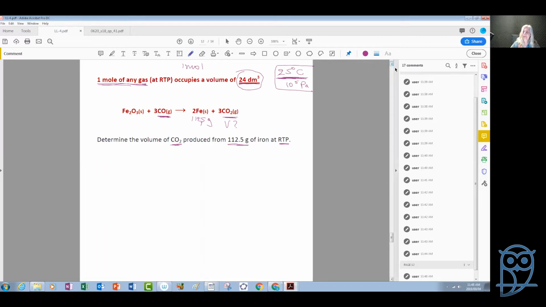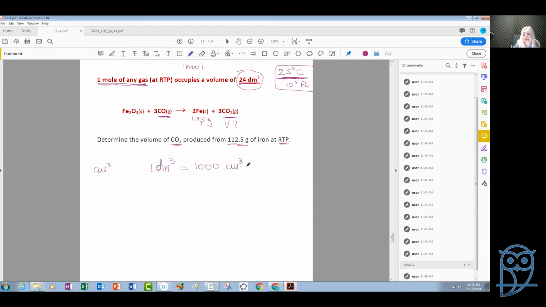It's also worth saying that very often volumes of gases will be given in cubic centimeters rather than cubic decimeters. It's good to know the correlation between them to be able to convert from one to the other. 1 cubic decimeter is actually 1,000 cubic centimeters.